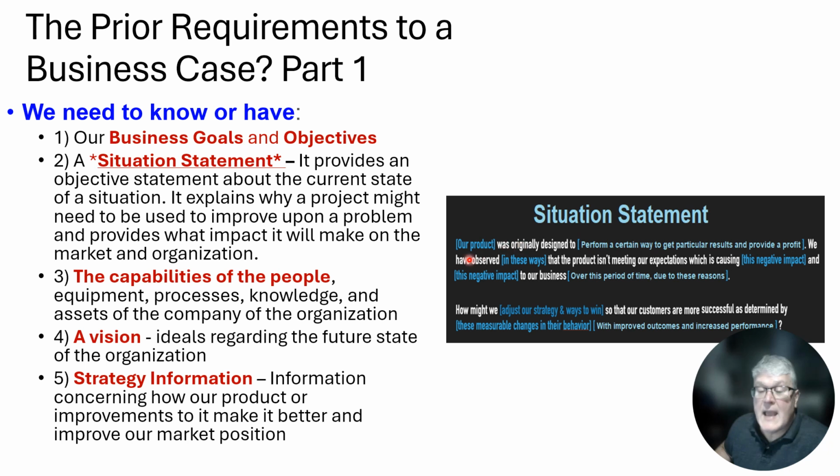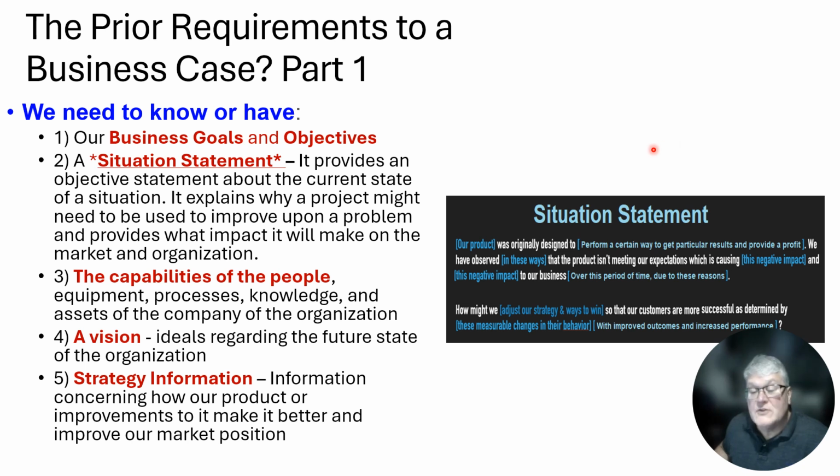So this is saying our product, whatever that product is, was originally designed to perform a certain way to get particular results and provide a profit. We have observed in these ways that the product isn't meeting our expectations, which is causing this negative impact to our business over this period of time and due to these reasons.